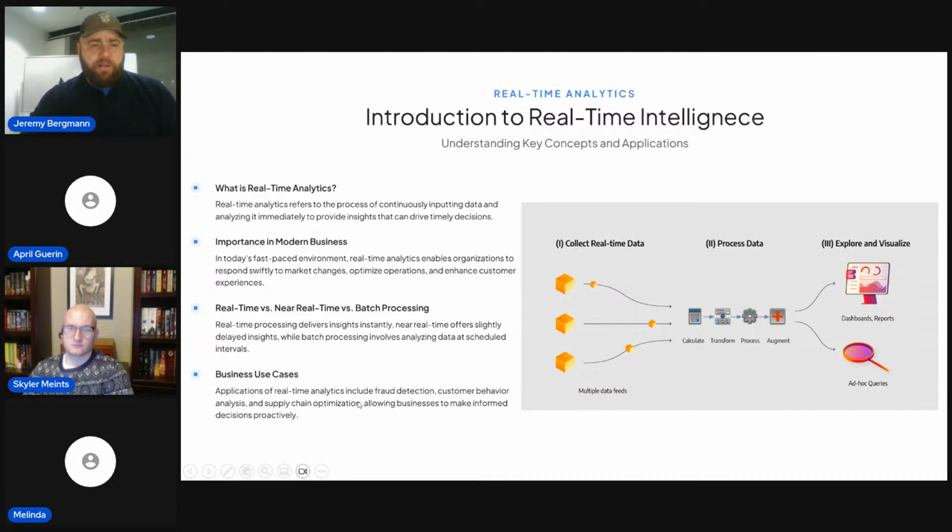So use cases include fraud detection, customer behavior analysis, supply chain optimization, and allowing businesses to make decisions proactively. I've used a personal example a couple of times in this class. I was working at an e-commerce company that has a whole bunch of inventory, and they have people setting prices of new inventory all the time.